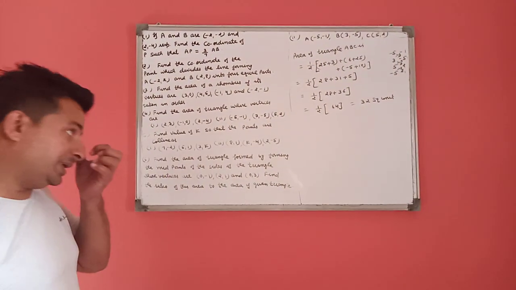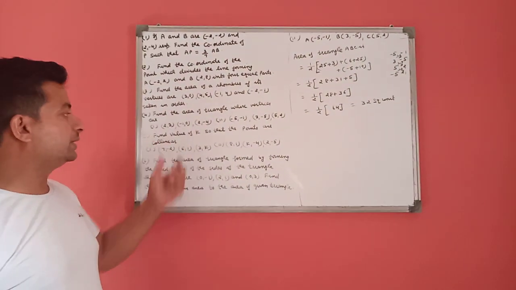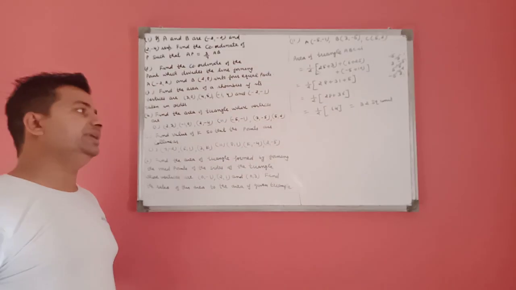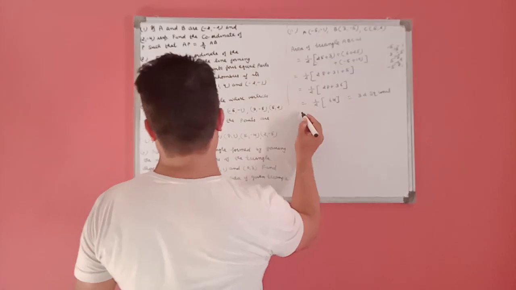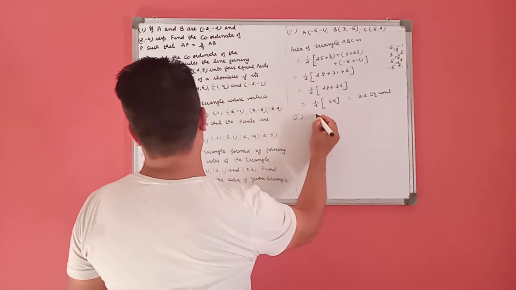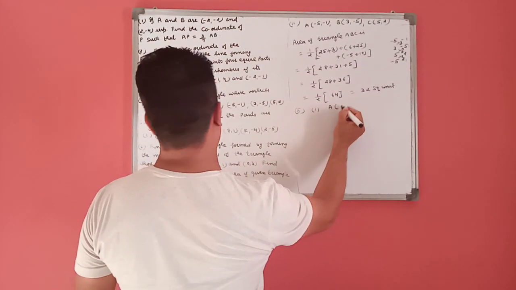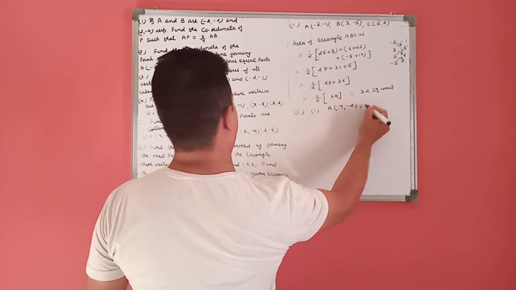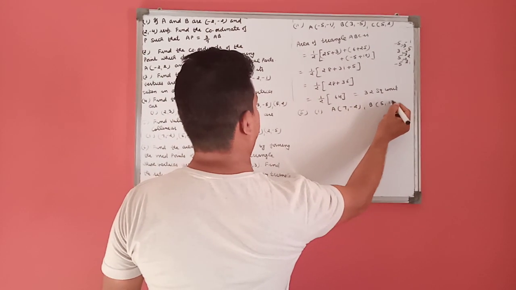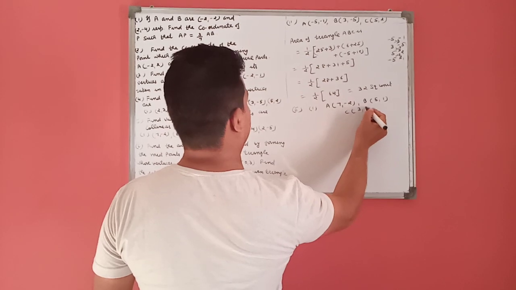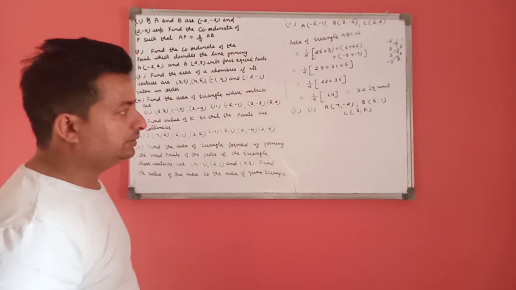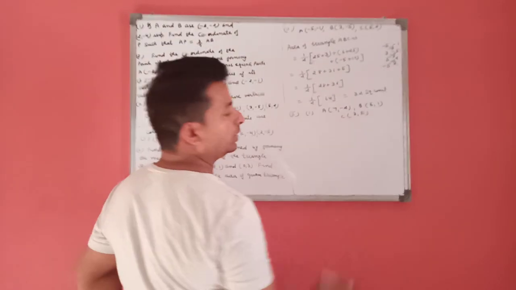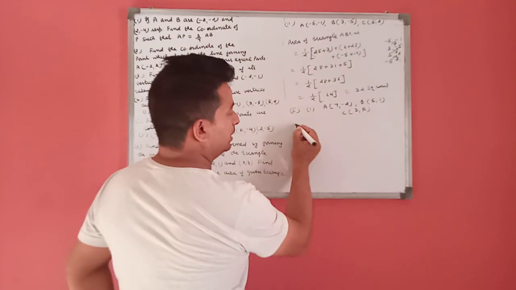Also remember, 3 points are collinear, meaning they lie on a line, if the area of the triangle is 0. In question number 5, part 1, the points are A, B and C. In this question we are required to find k so that these 3 points lie on a line, that is, are collinear.